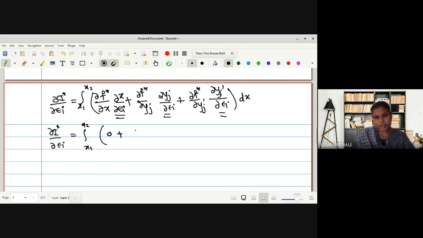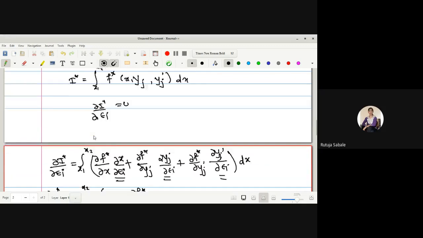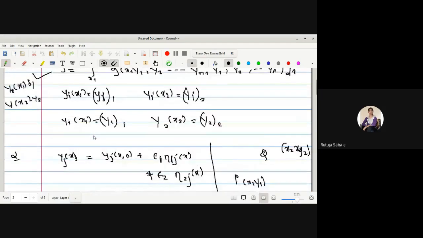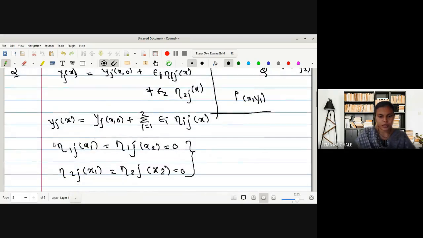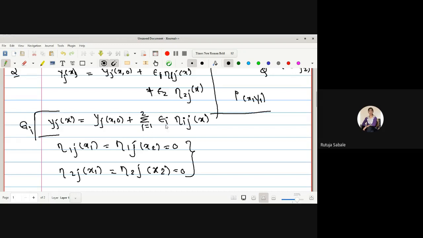Plus, next, this will be as it is, the derivative of F star with respect to yj. What is the value of the derivative of yj with respect to epsilon i? Eta of x. Here is yj. Now we have to differentiate this yj dash with respect to epsilon i. What will the derivative be? Eta ij dash.